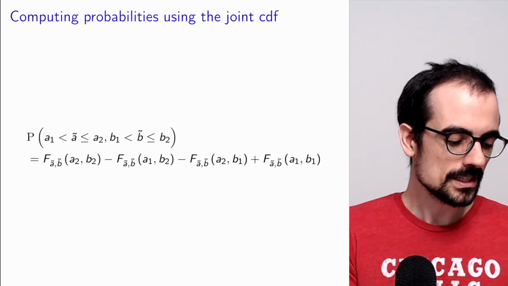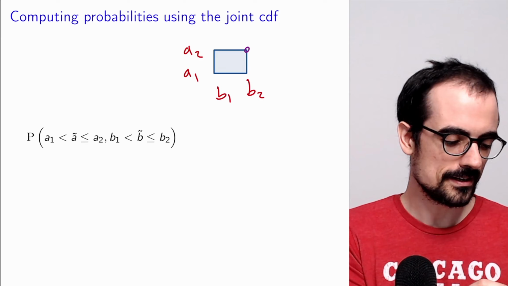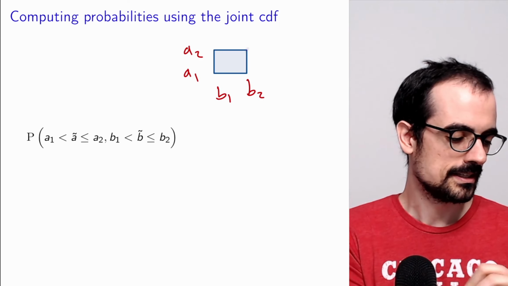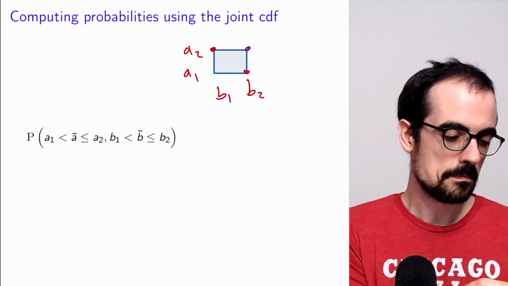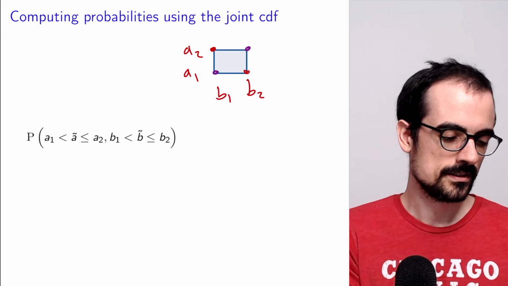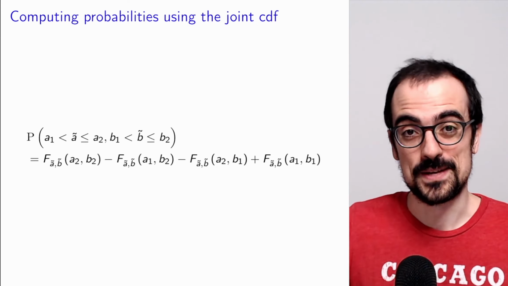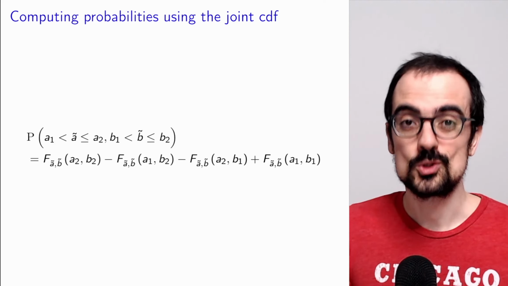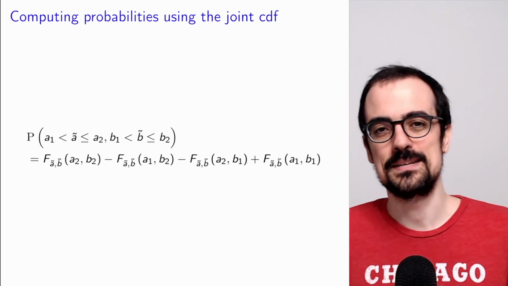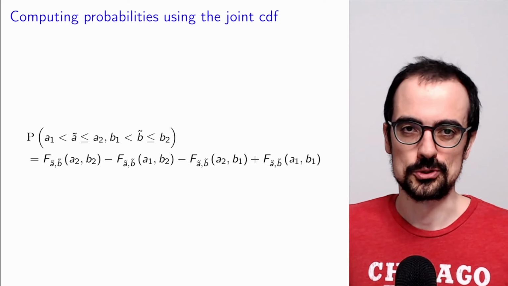It's the CDF here minus the CDF here and here plus the CDF here. That's the formula. And this is for a simple rectangle. When things get a little bit complicated, using the joint CDF to represent probabilities in practice gets very annoying. So we actually don't do that usually.